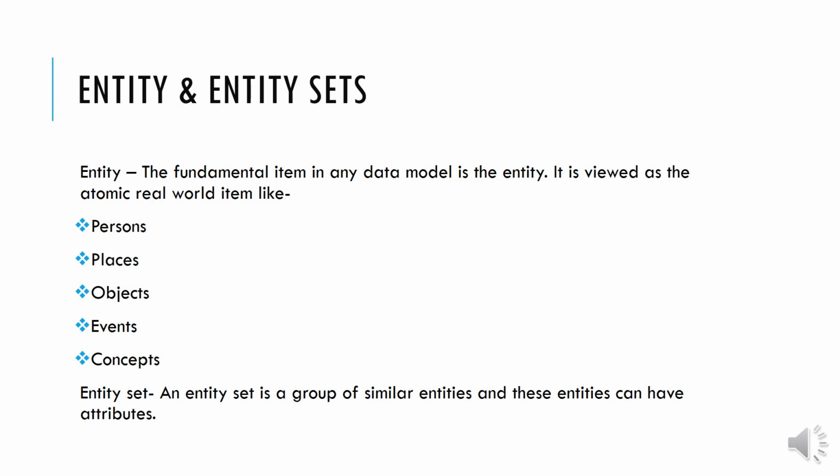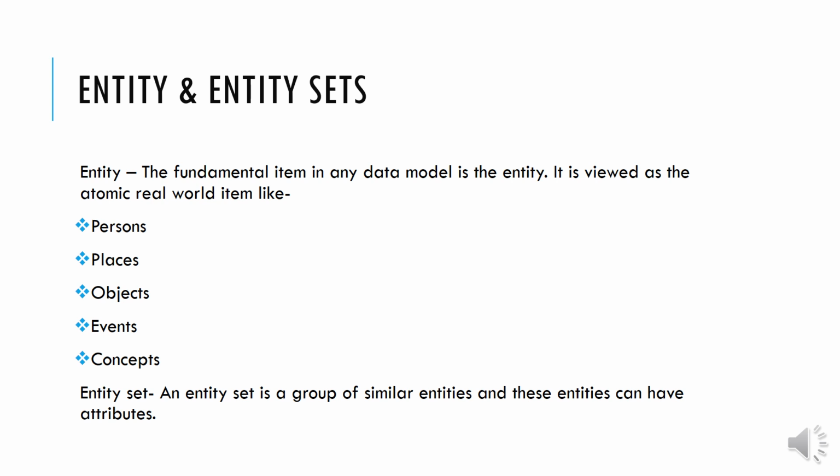The categories that we can include in the entities are displayed on the presentation. Persons could be employees, customers, students. Places can be offices, rooms, any specific building. Objects can be a mobile phone, a book, a machine, a vehicle, it could be anything.